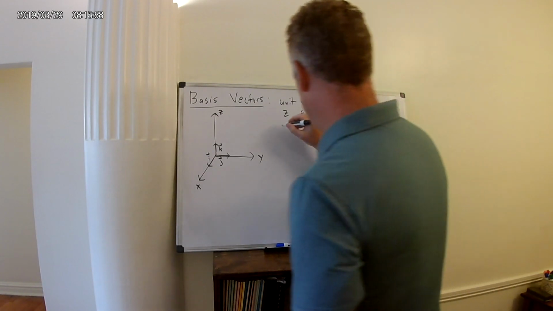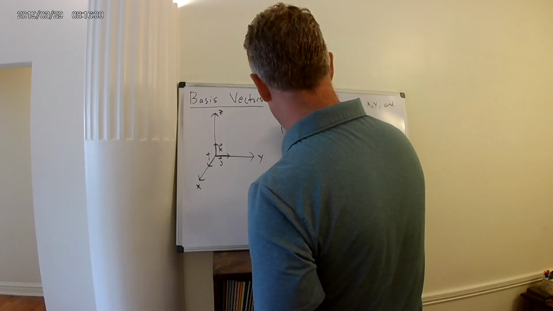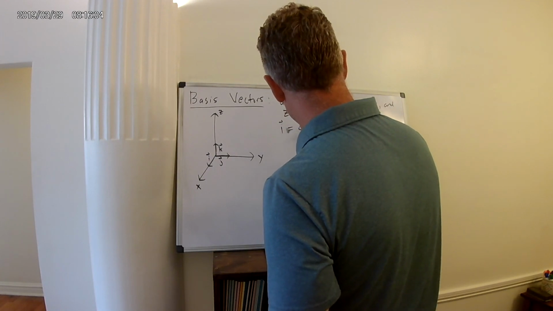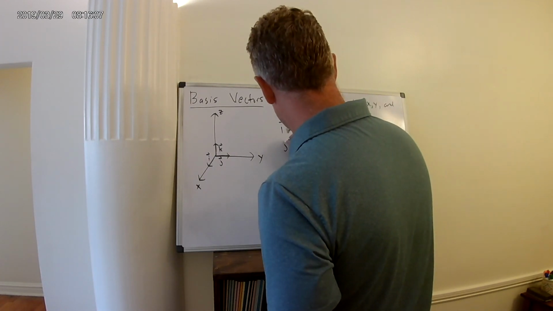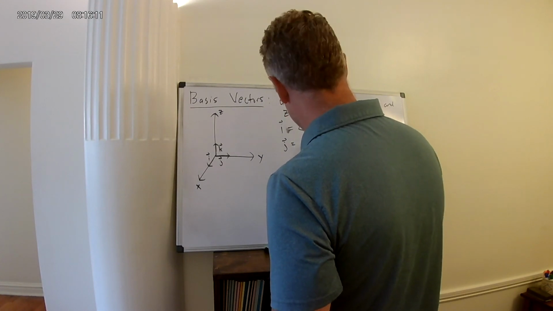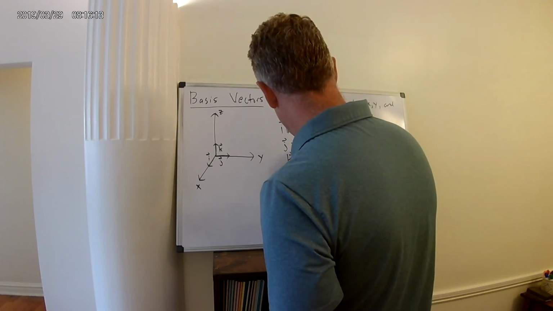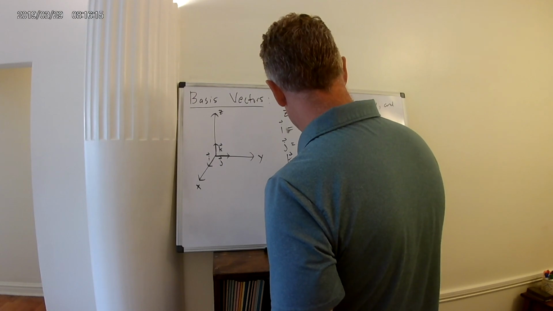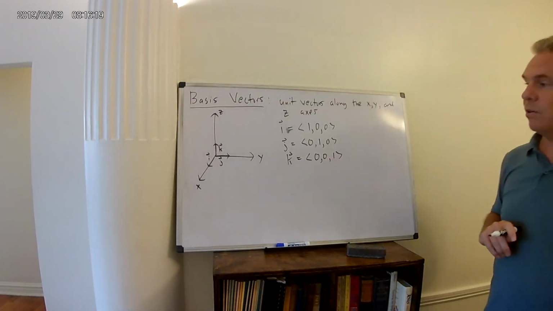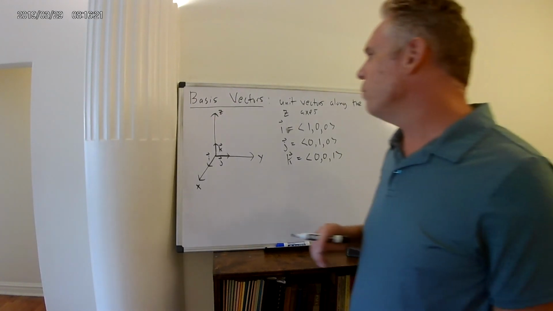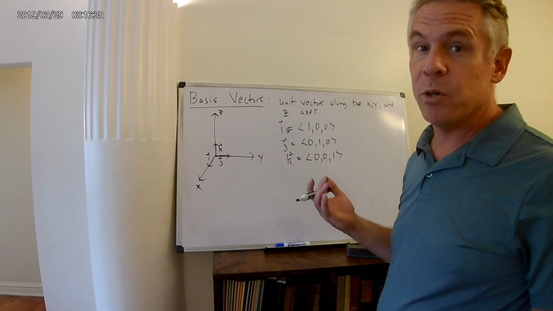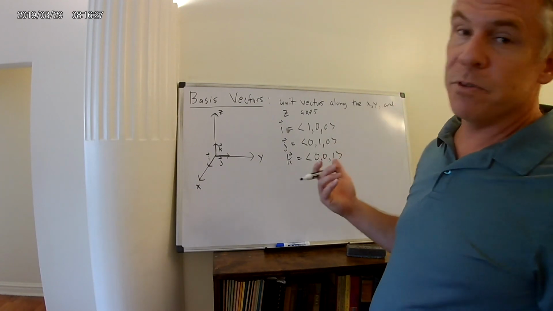So in terms of components, I can write the basis vector I as being equal to 1, 0, 0. The vector j as being equal to 0, 1, 0 in terms of components, and the vector k as being equal to 0, 0, 1. Okay? These are the basis vectors, and very frequently we will write a vector in terms of its basis vectors. I would say that's the most common way to write a vector, not in terms of components.